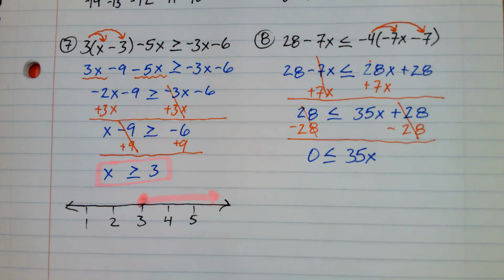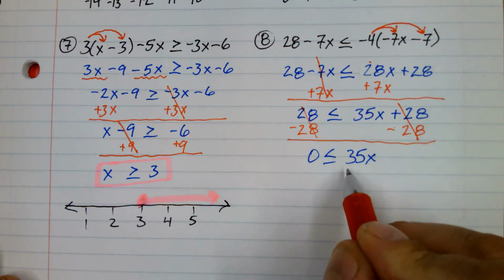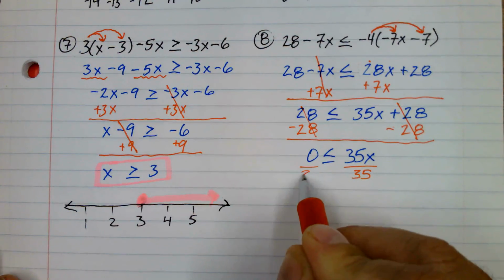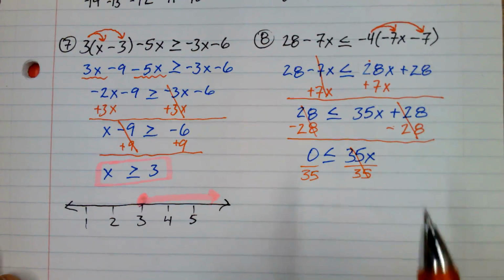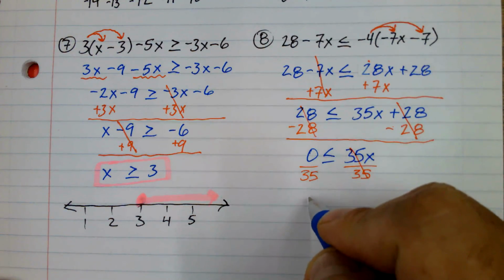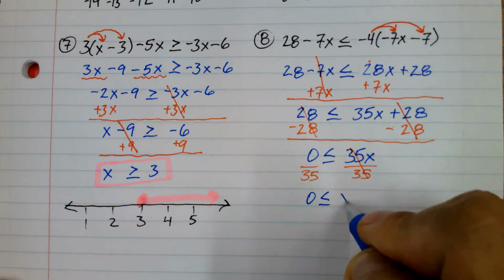So now I have 0 is less than or equal to 35x. Well, I can divide away the 35 to cancel that. What's 0 divided by 35? 0. 0 divided by anything is 0. So you get 0 is less than or equal to x.